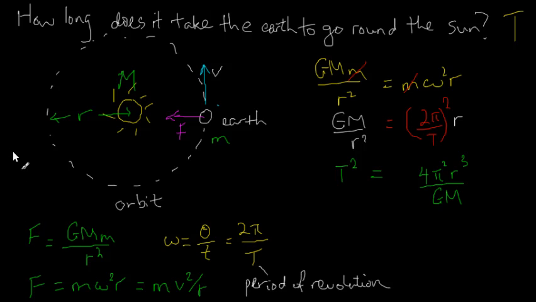G is 6.67 times 10 to the minus 4 in SI units.